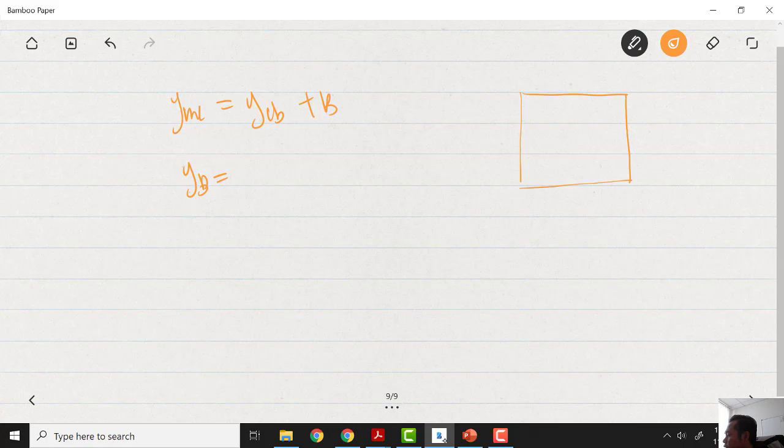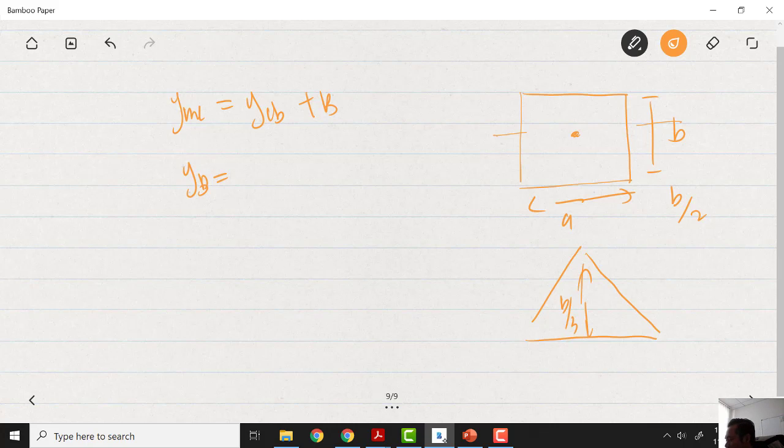The height we have here is B, and from here is A. So the center of body of this cube is just B over 2. And then if you have a triangle looking like this, the center of body is B over 3.